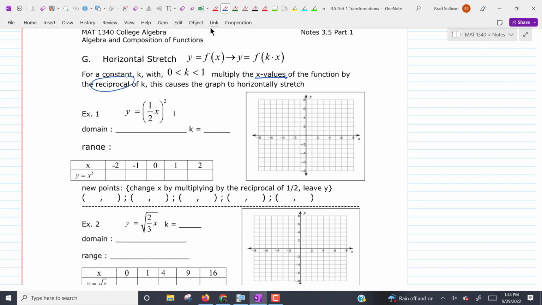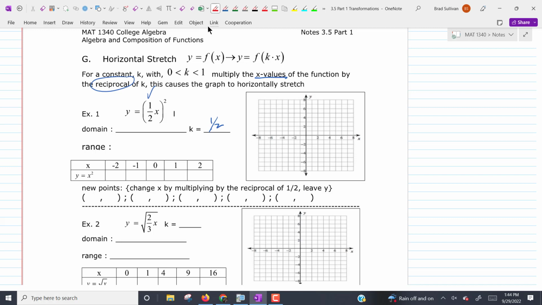When you do these horizontal things, everything's backwards of what you think. Just like when we did left, right. If we had x plus 4, that was left. If we did x minus 2, that was right. Everything is totally backwards of what you would intuitively think. So in this problem, k is the number that's changing everything. That's 1/2.